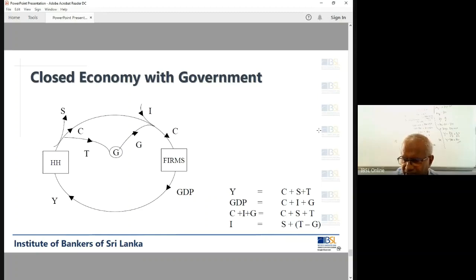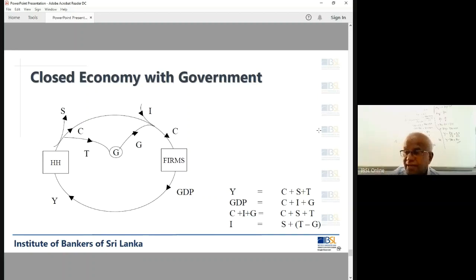Investment in the economy is financed using household savings plus government saving. If the government saves, there are two players providing savings. Who are these parties? Household savings and the government. T minus G, tax revenue minus government expenditure. Government savings are used to finance investment in the economy: S plus T minus G. Understand?